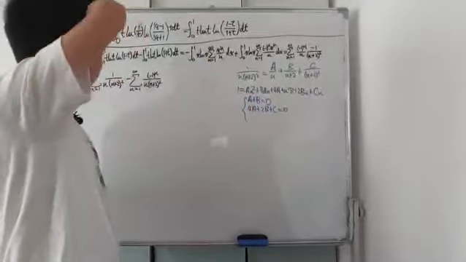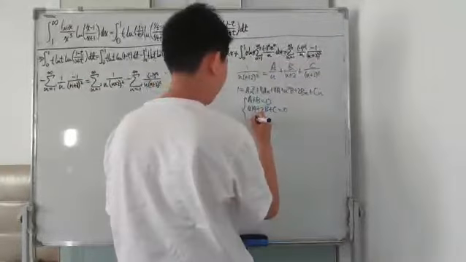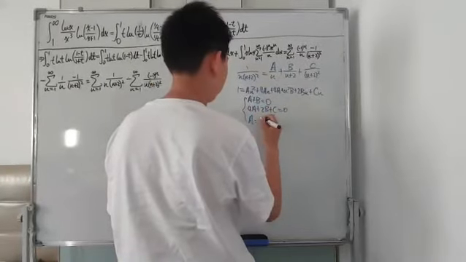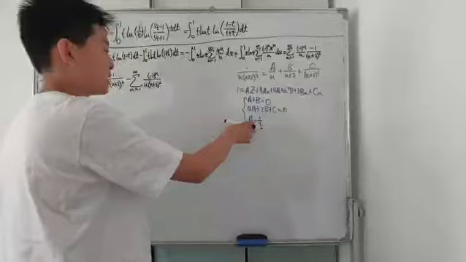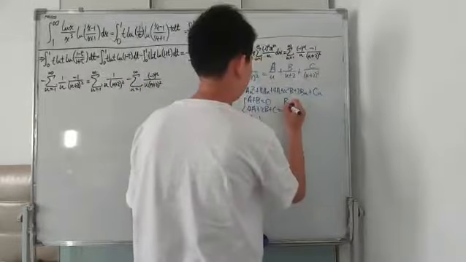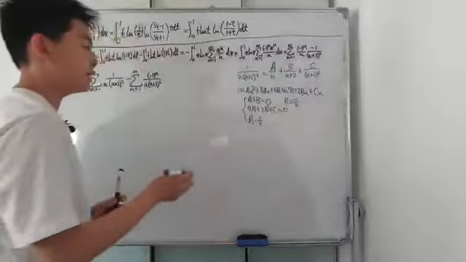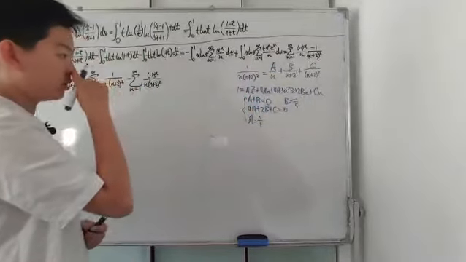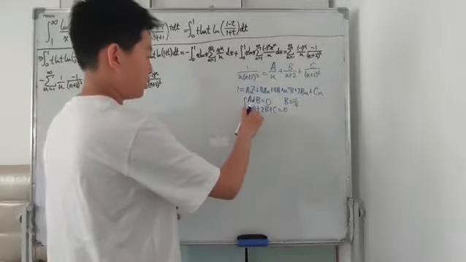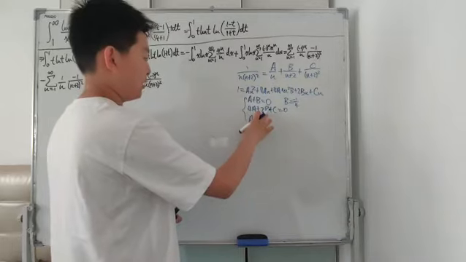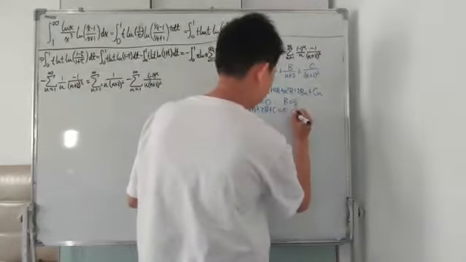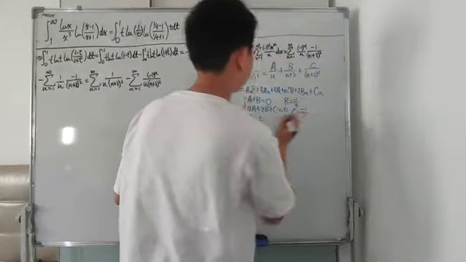And for the constant, we only have a is equal to 1 over 4. If you plug this into the first, b is equal to negative 1 over 4. Then plugging in these two, 1 minus a half plus c equals 0, so c is equal to negative 1 half.